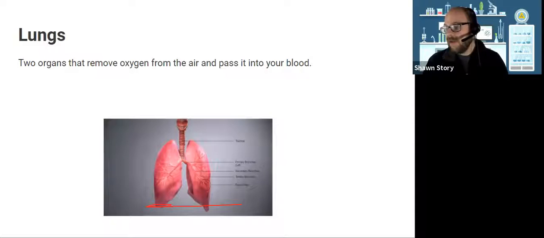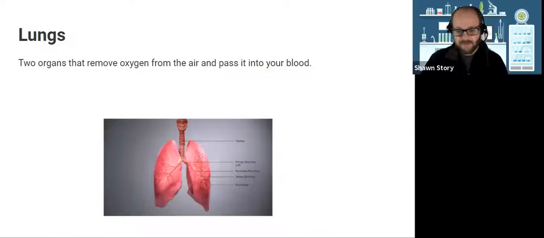But the left lung is smaller because of the space taken up by the heart. So the left side is longer, but it is smaller because of the space of the heart. But then the right side is shorter because of the liver being packed up right in here. We learn things every day.